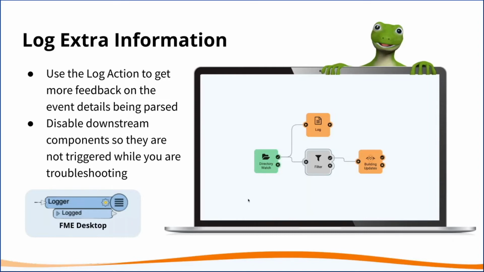In FME Workbench, you may have come across the logger transformer, and the log action is the FME Server Automations equivalent. So depending on whether you're troubleshooting an error within a job or within an automation component, either one may come in handy.